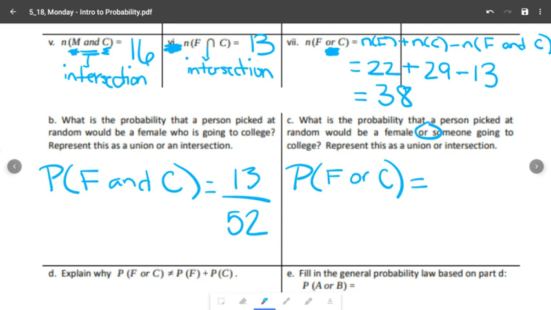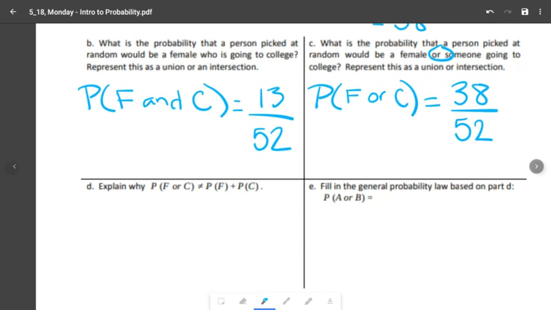So that means on top, I need to know the number of things that fit in this category. So the number of people that were female or going to college. That was that last one that we did up above. That was 38. Out of the total, there are 52 students. So my answer is 38 out of 52.